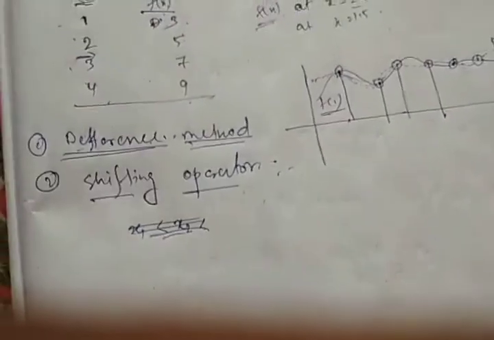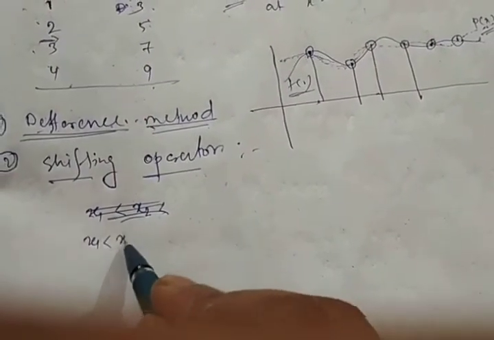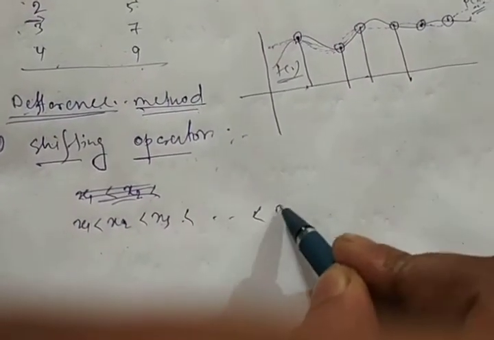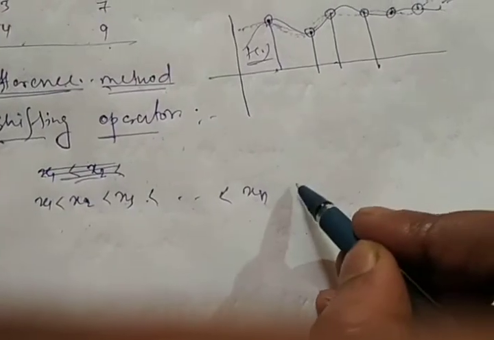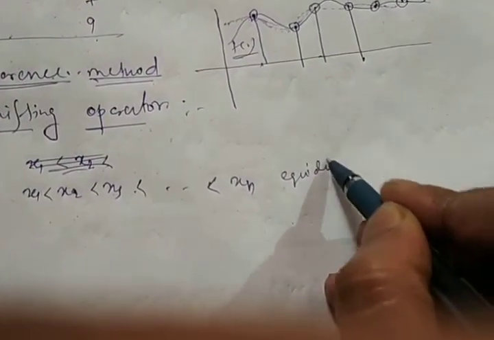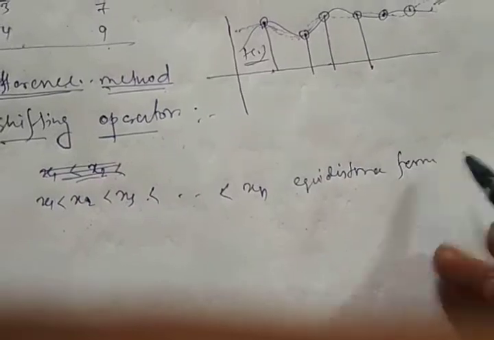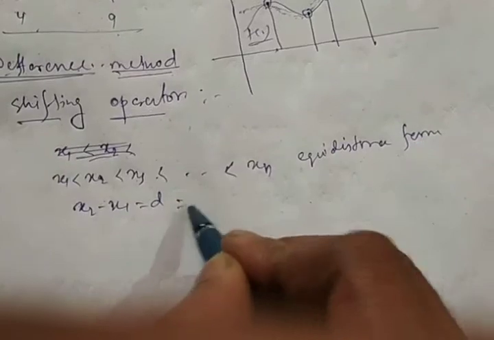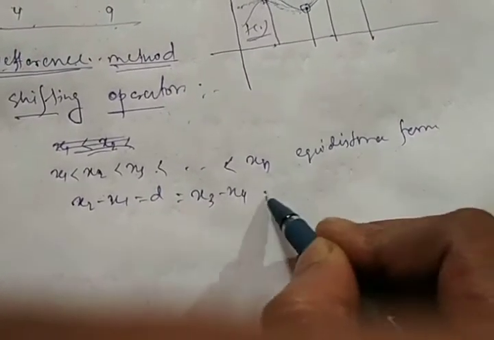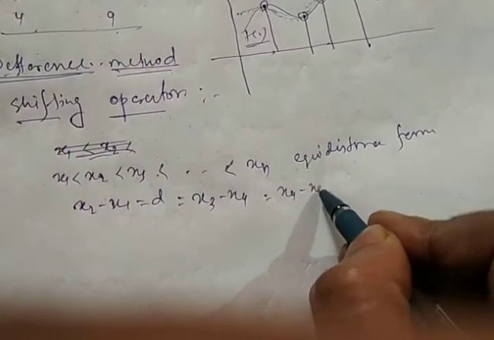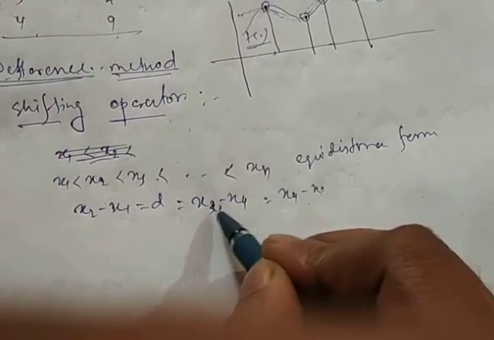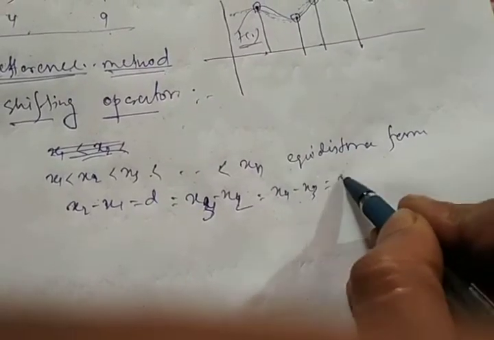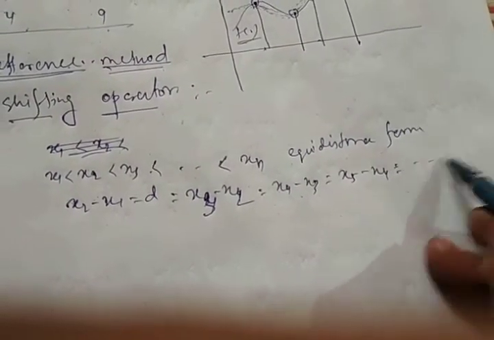So if the data x1, x2, x3 up to xn are in equidistance form, then we can write x2 minus x1 equals d, x3 minus x2, x4 minus x3, x5 minus x4, and so on.